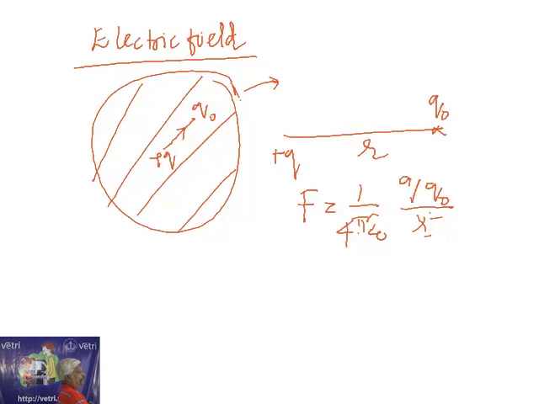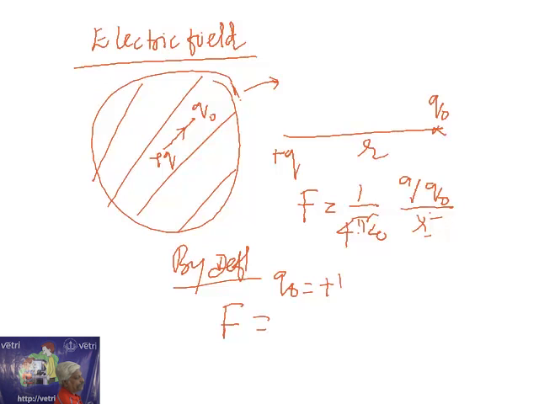What is the definition? By the definition of electric field, it is the force experienced by a unit positive charge placed at that point. Therefore, by definition, Q0 is equal to plus 1. Therefore, the formula can be modified as 1 divided by 4 pi epsilon naught, Q by r square.